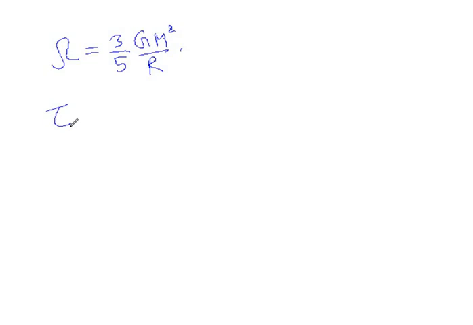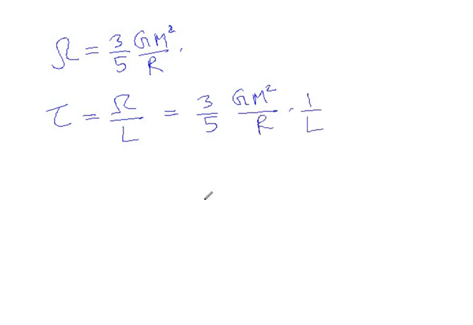The time tau is just given by Omega by luminosity, which is 3 by 5 G M square by R into 1 by L. Now we know that L scales as m to the power alpha, and alpha has value 3 and 5. Let us consider an intermediate value of alpha equal to 4.